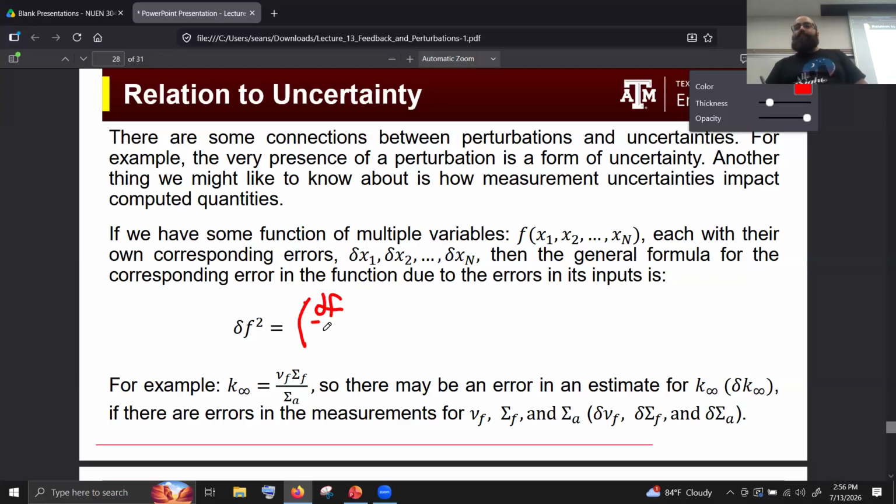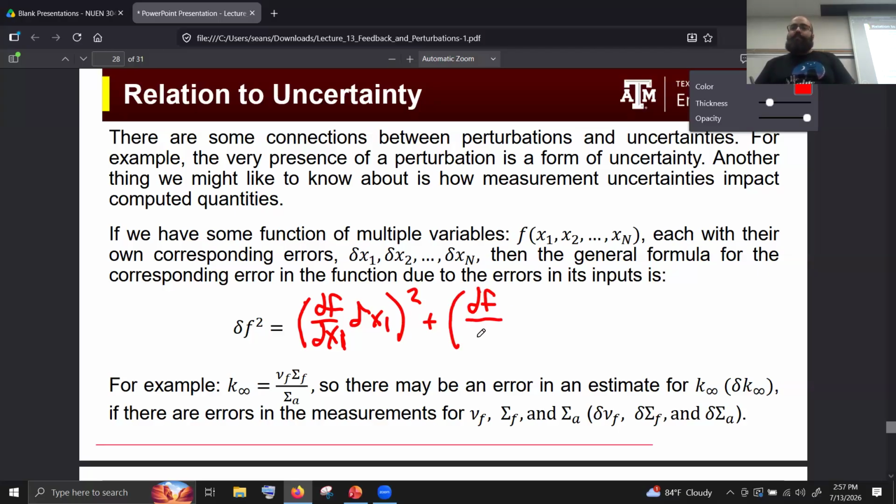So it's going to look like: uncertainty in f squared is the derivative of my function with respect to x1 times delta x1, squared. So the derivative of the function with respect to that first variable times the error in that first variable, that whole quantity squared. And then I would do that for every variable.